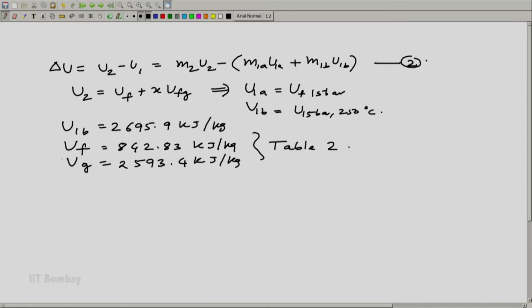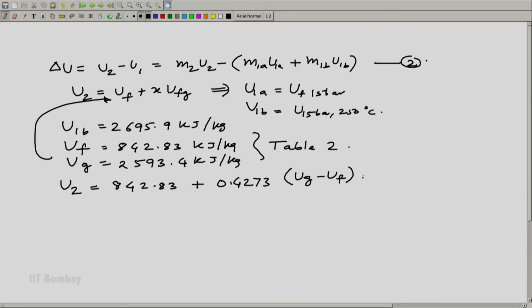So, from this table, if I put this back in this equation, I will get U2 is equal to 842.83, that is UF, plus 0.4273 UG minus UF. Putting these respective values over here, I get U2 is equal to 1590.85 kilojoule per kg.